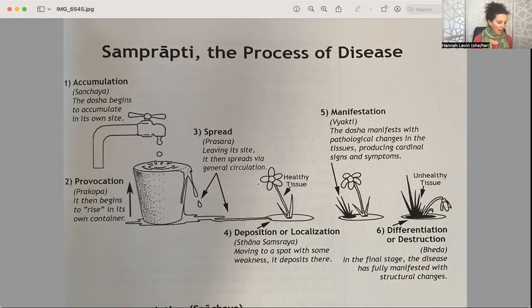qualitative changes become apparent, and the cardinal signs and symptoms of disease can be observed. The dosha has conquered the dhatu, that's the tissue, due to disturbed dhatu agni. So the tissues are no longer able to function correctly. And the subtle attributes of the dosha manifest according to the specific etiological factors.